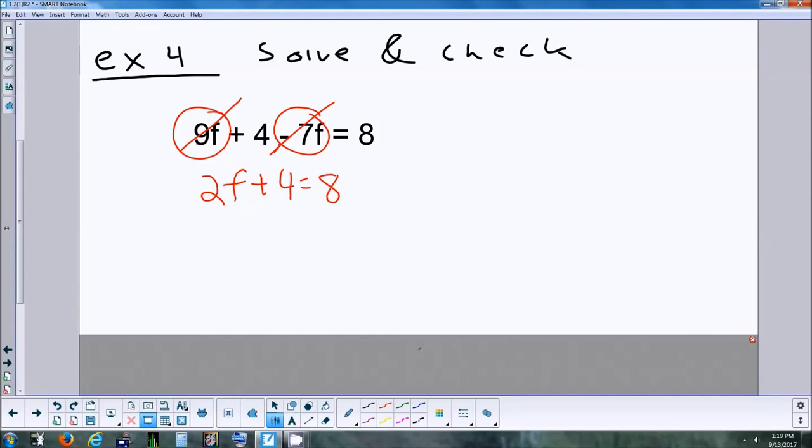Ginny, now what? So we just did the first step. We just did simplify. We combined like terms. Subtract 4, right? Very good. So minus 4, minus 4. What's going to happen, Ginny? Walk me through this.